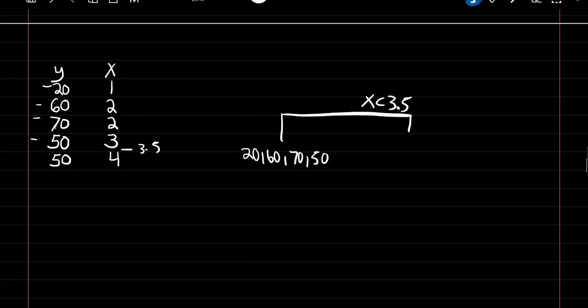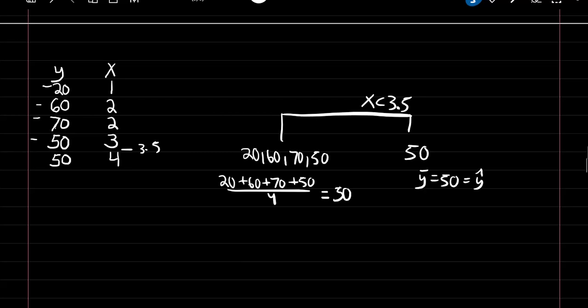And on the right, we would have a sole observation of 5, which is just 50. So we're going to find the mean on the left, so 20 plus 60 plus 70 plus 50 over 4. So we'll get a y bar value equal to 50. And then on the right, our y bar is just going to be equal to 50, which is the same as our predicted value on both sides.